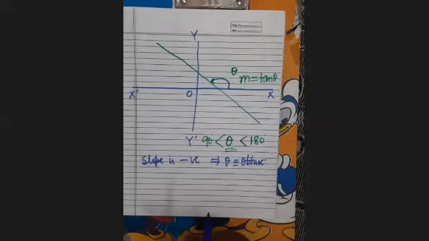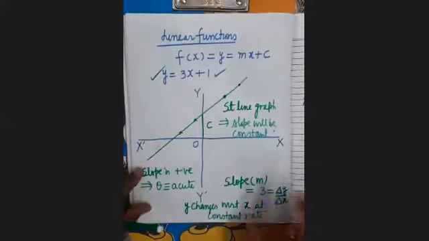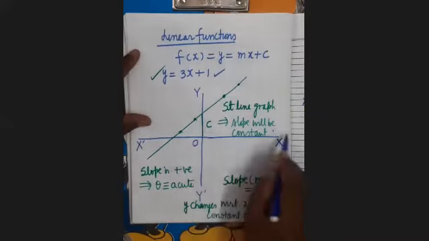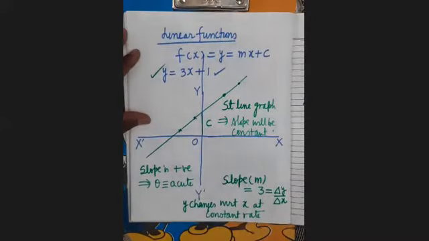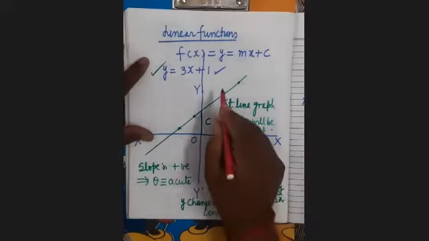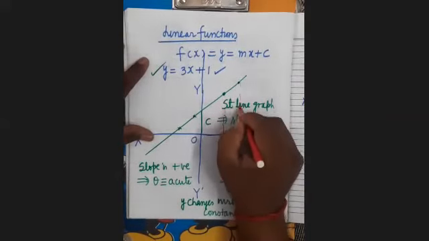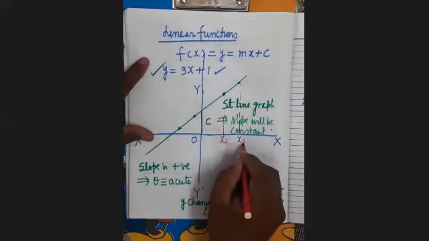Now see here, what is the meaning of positive and negative slope? Positive slope का meaning क्या है? As x increases, the value of y also increases. जैसे जैसे x की वैल्यू बढ़ेगी, y की वैल्यू will also increase. You can take two values of x. This is x1, this is x2.